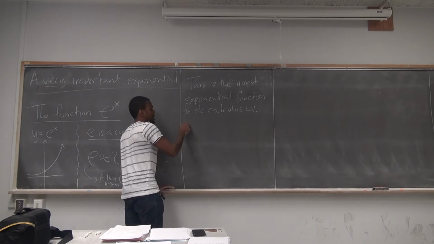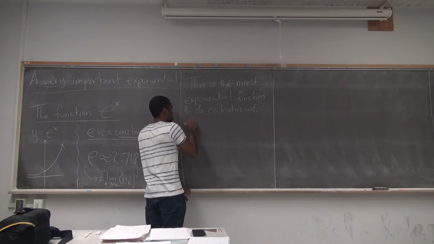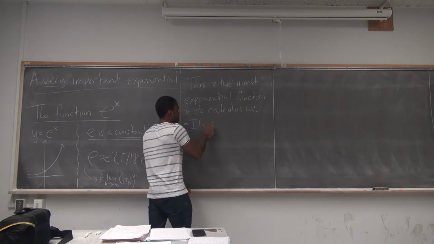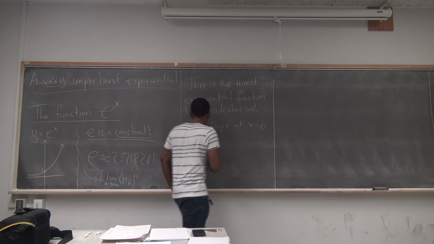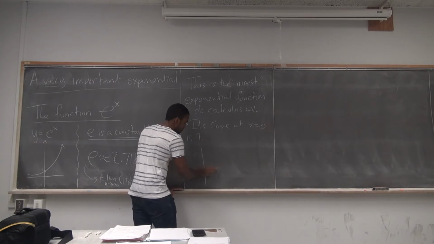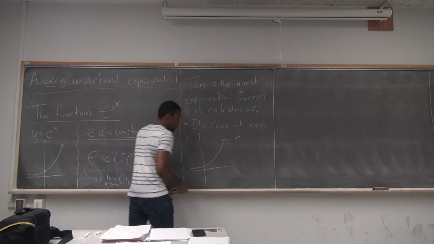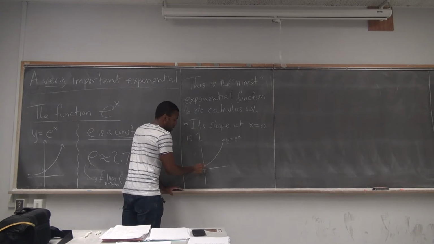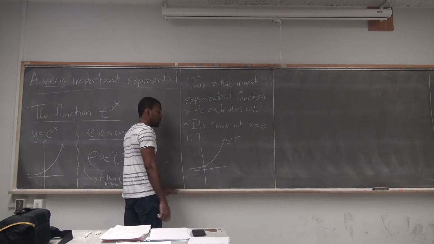So it has a lot of nice properties, like its slope at x equals 0 is 1, which is very nice. So if you look at y equals e to the x, and you're talking about the slope at this point, the slope of that tangent line, we'll talk about that more, is actually going to be 1.